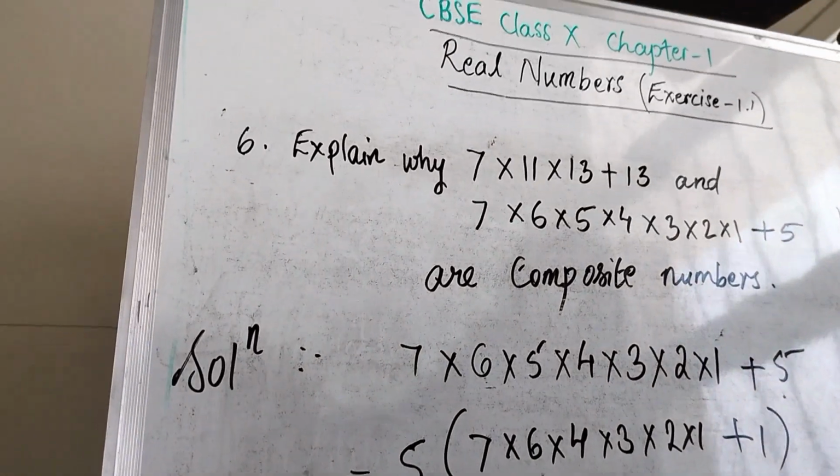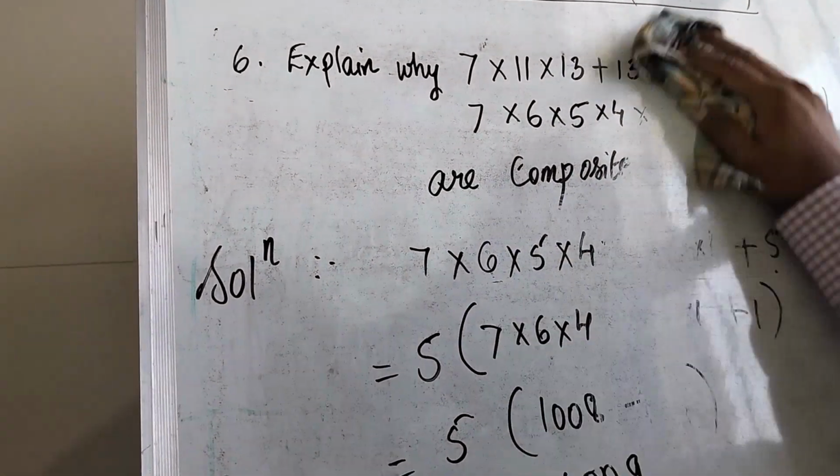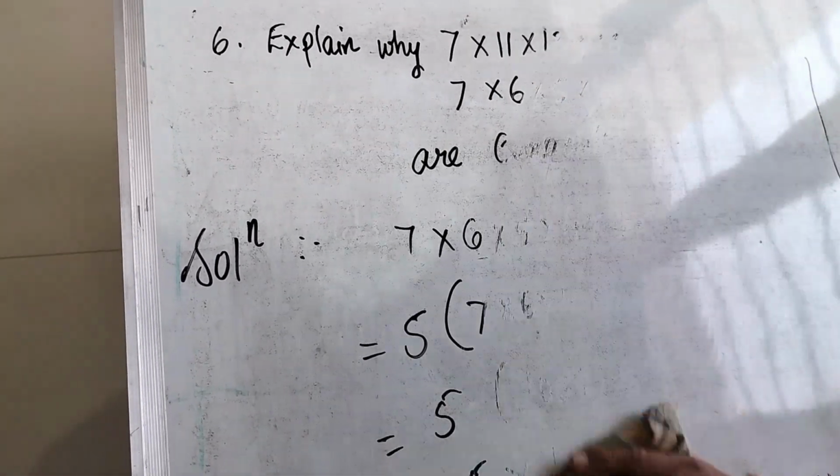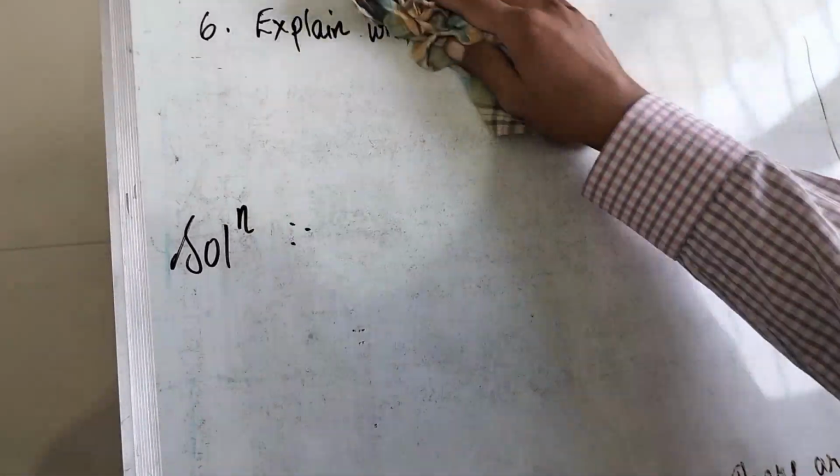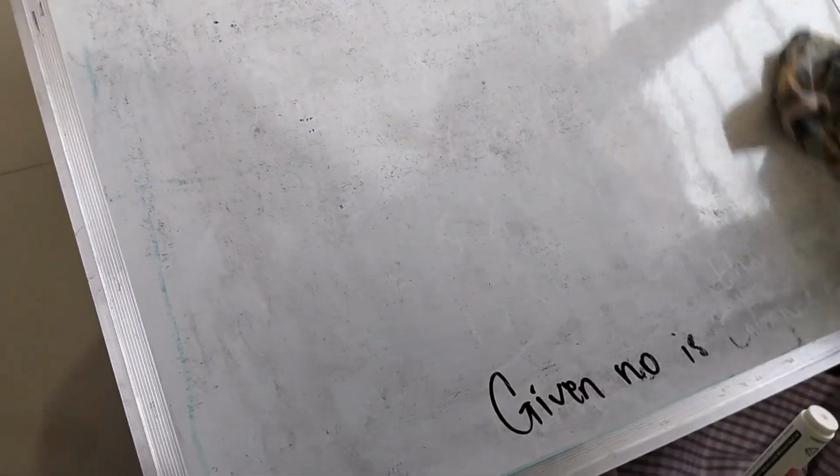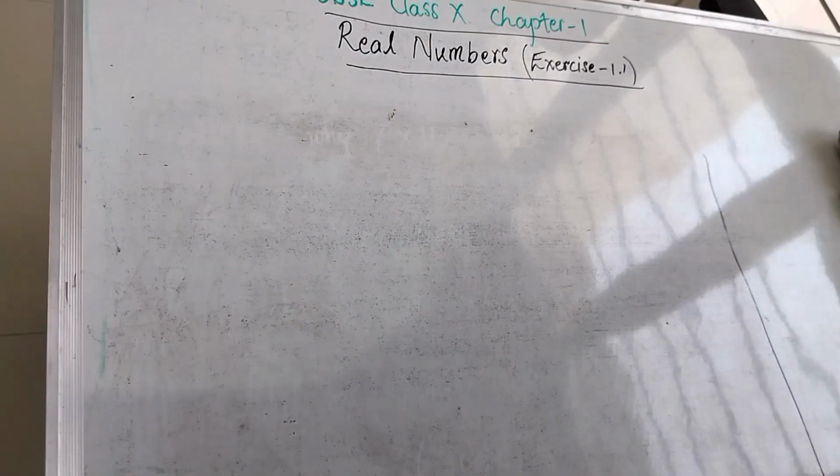Now the next question, seventh question we are going to do, which is the last question of this exercise, and that too also it's very simple. What does the seventh question say? There is a circular path around a sports field.